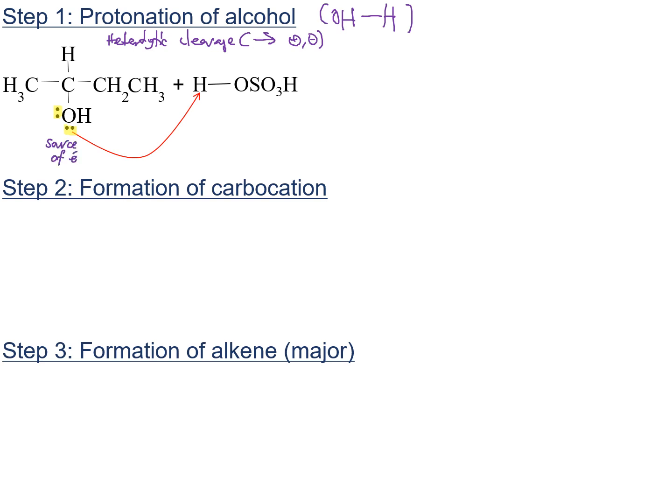So we must show the source of electron comes from this lone pair of this oxygen, and the end of the arrow is where it wants to attack, to take this hydrogen. But it cannot take just this hydrogen, because then it would form a bond with the whole thing. It wants to take only the hydrogen, so this hydrogen must break the bond with the rest of this acid catalyst.